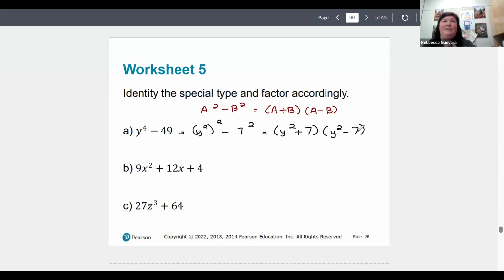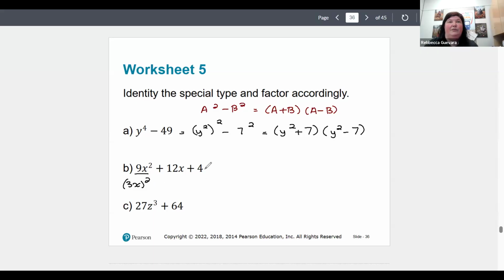So this is common, you'll see something like y to the 4th, y to the 6th. You know you can break that down to something squared. It's just y squared squared. Here we have 9x squared plus 12x plus 4. If you start breaking that down, well, that is just 3x squared.